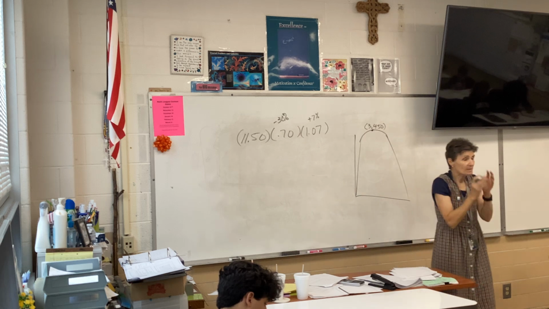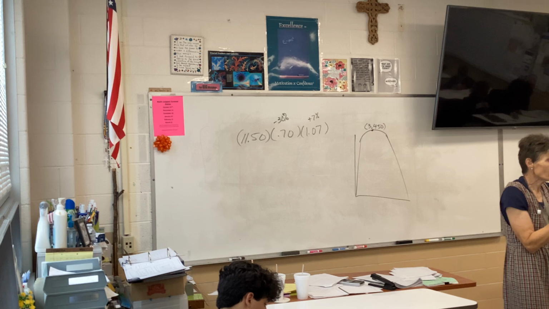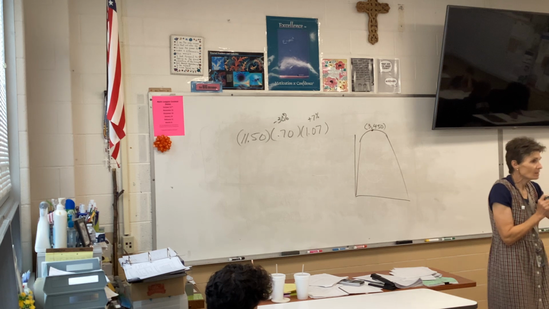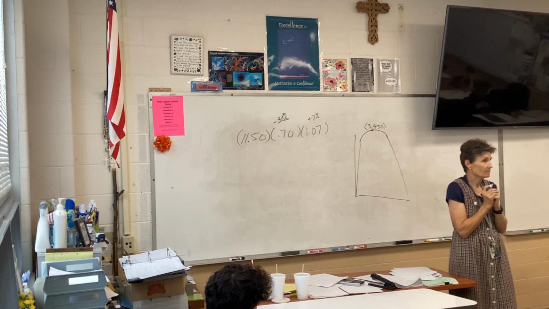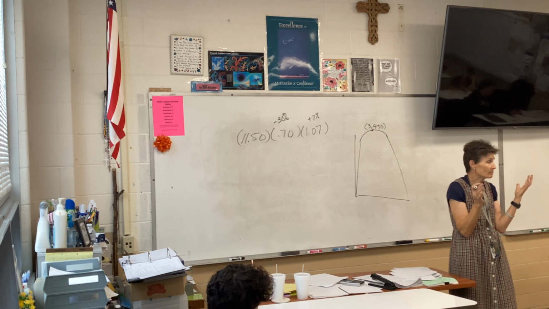Now, in these kinds of problems, guys, you never multiply by the percent that's in the problem. So don't multiply by 30, you multiply by 1 minus 30. Don't multiply by 7, you multiply by 1 plus 7. Because I'm interested in what I'm paying.